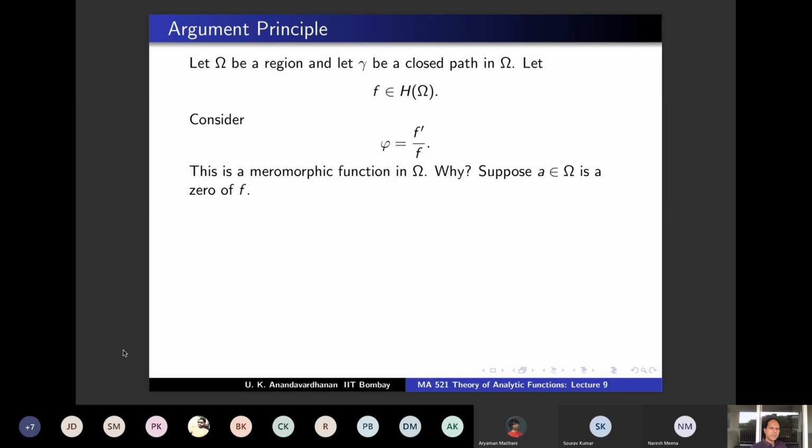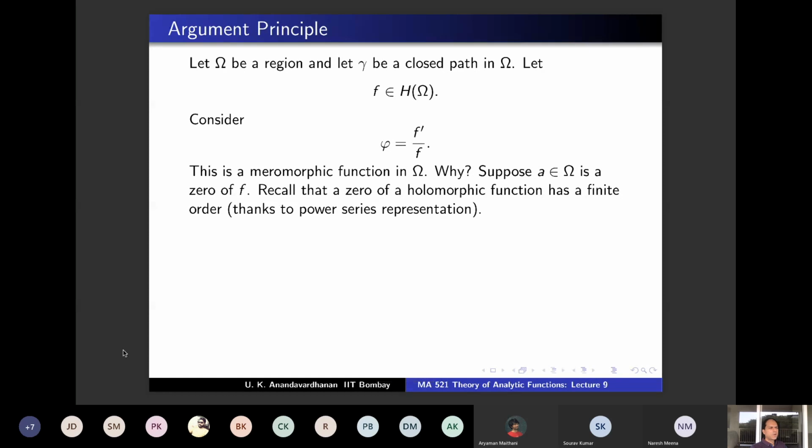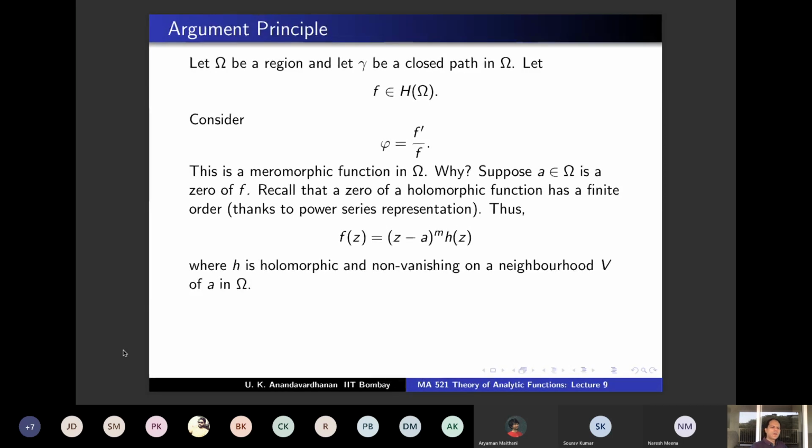If a is a zero of f, it will come with a finite order. This we had observed long back because of the power series representation. Any zero will come with a finite order. So call that m. M is called the order of the zero or the multiplicity of the zero. And you can write f(z) equal to (z minus a) to the power m times h(z), where h is holomorphic and non-vanishing on some neighborhood V of a.